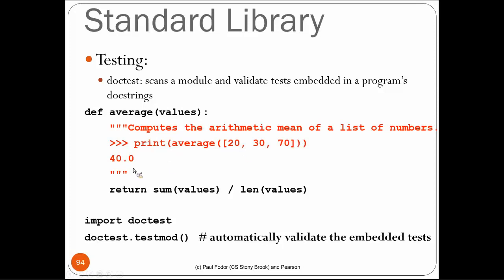It will run the average printing, and then it will compare that the value printed in the output stream is exactly the one specified on the next line. For that, you can import doctest, and then in order to test your program, you can call testmod, which automatically validates all the embedded tests.